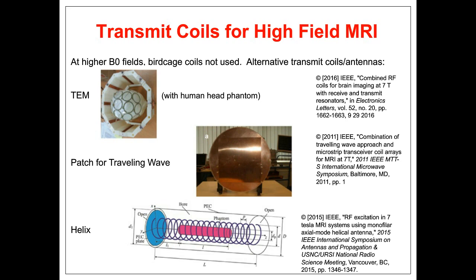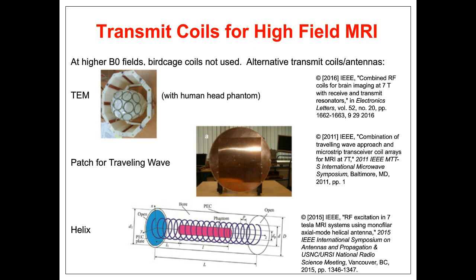These are especially useful for head imaging because, as you can see from the shape of that, you can put that patch antenna in the bore of the magnet and put it in close proximity to the patient's head, and then excite the spins using that. There's a variety of different traveling wave approaches besides just the patch antenna. One that I've seen recently is using a helical resonator, because that also puts a homogeneous B1 magnetic field in the center of the antenna, again providing that excitation.